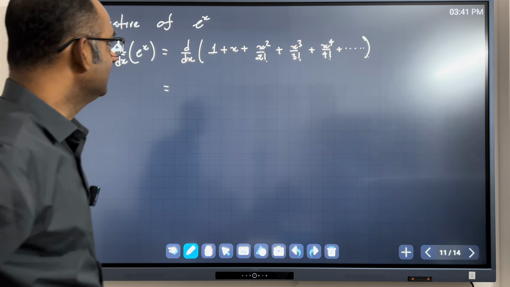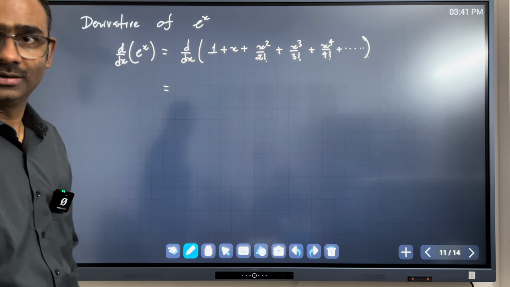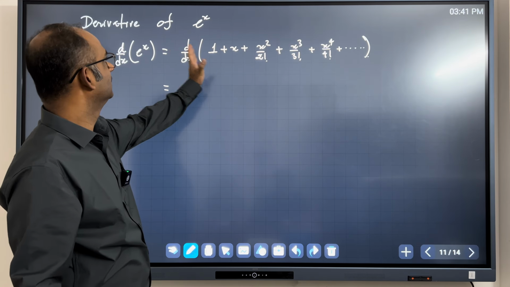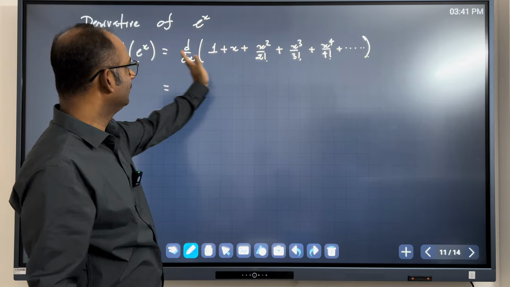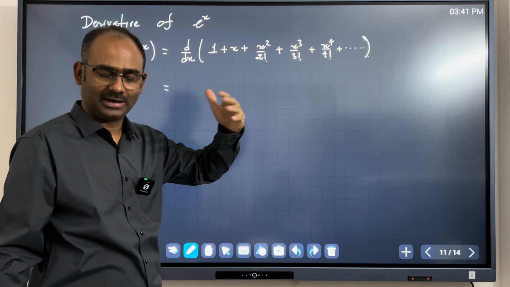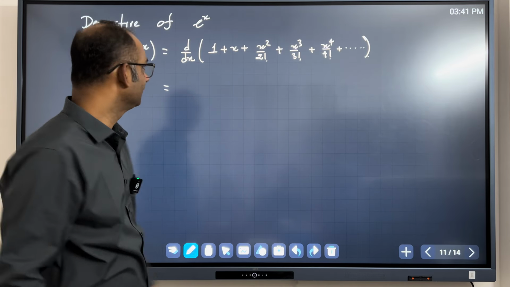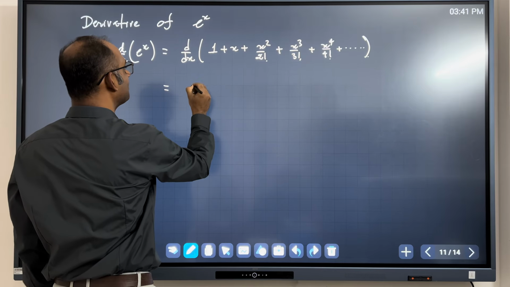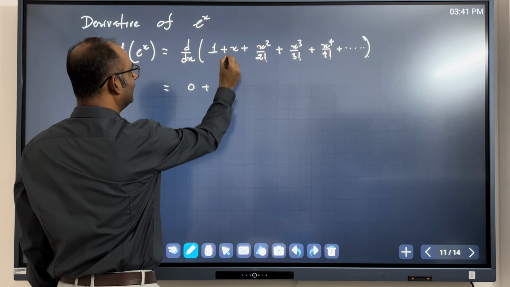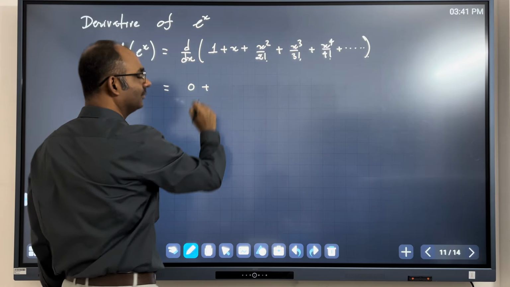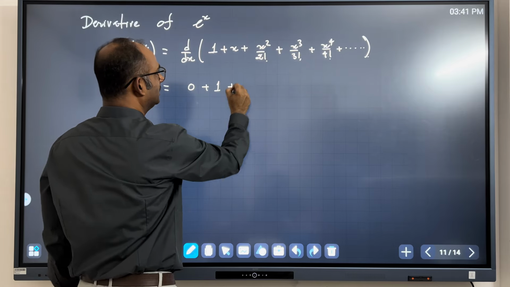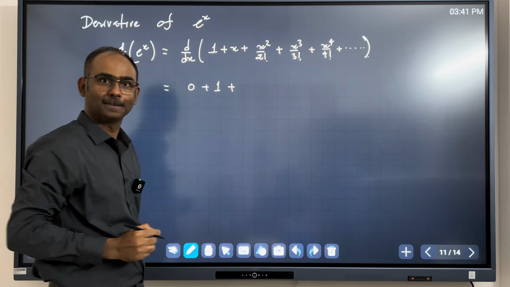So I'll differentiate term by term. The derivative of a sum I will write down as the sum of derivatives. So what's the derivative of 1? What's the derivative of x? 1. What's the derivative of x square? 2x.